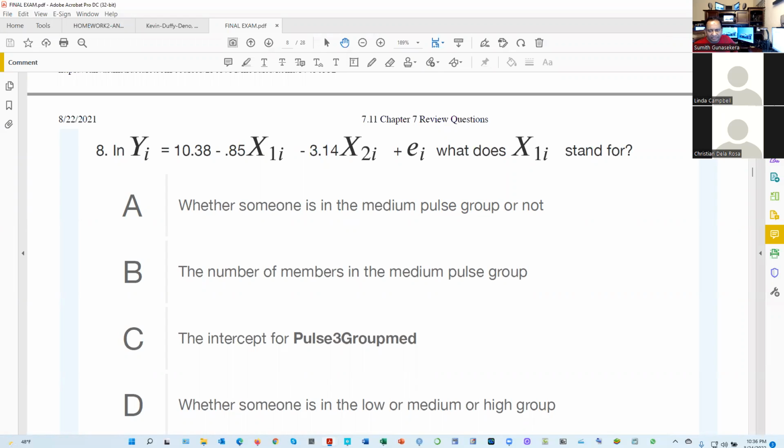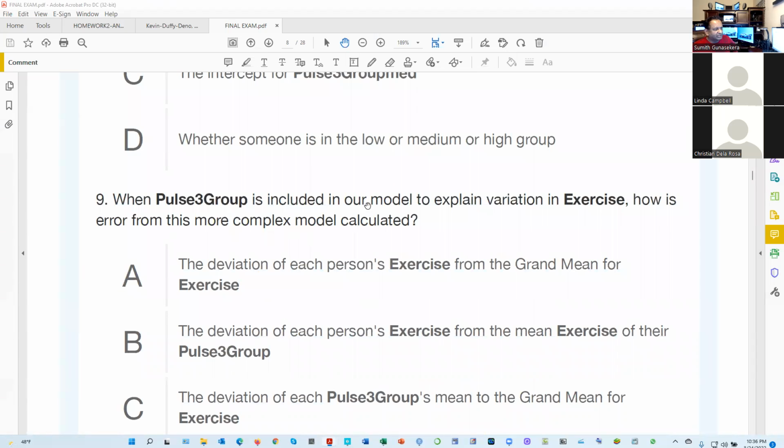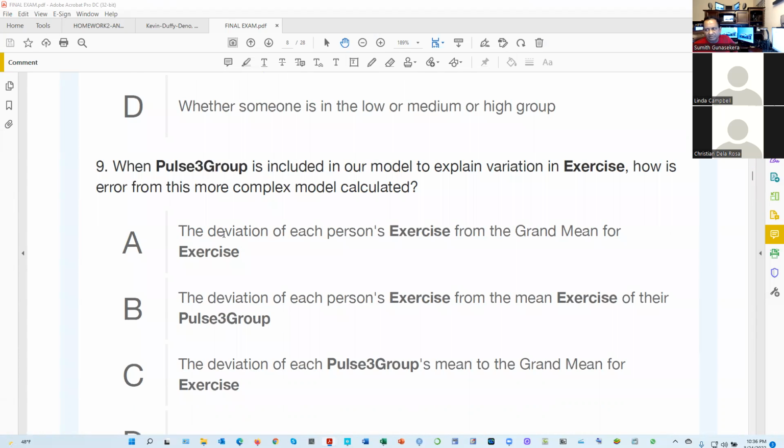Question 9. What do you think? When pulse 3 is included in our model to explain variation in exercise, how is the error from this more complex model calculated? 9B, the deviation of each person's exercise from the mean exercise of their pulse 3 group.